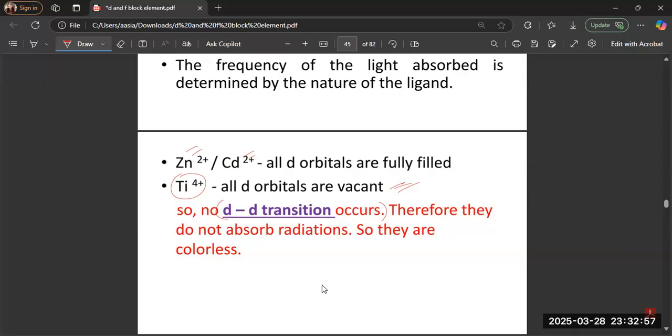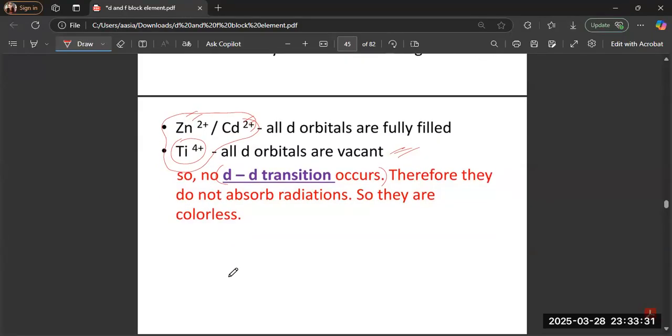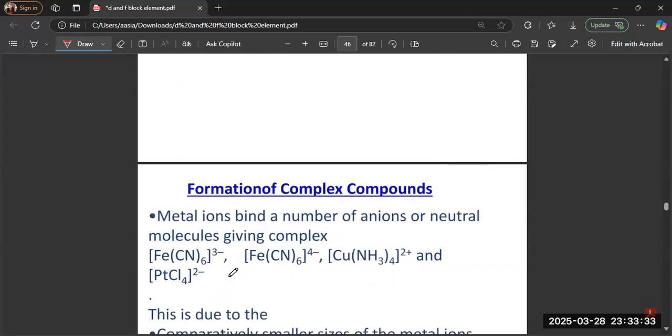These are examples of ions which don't show any color, because there is no chance of d-d transition. This is important.